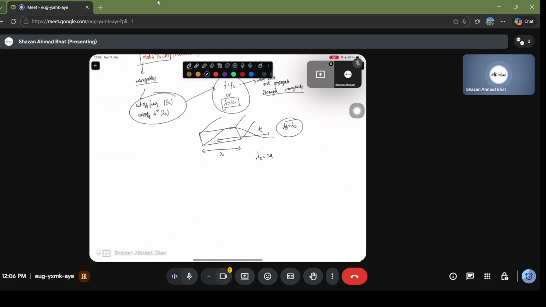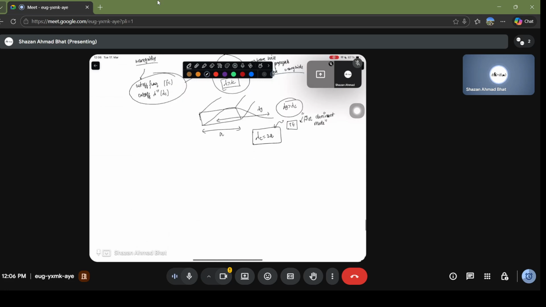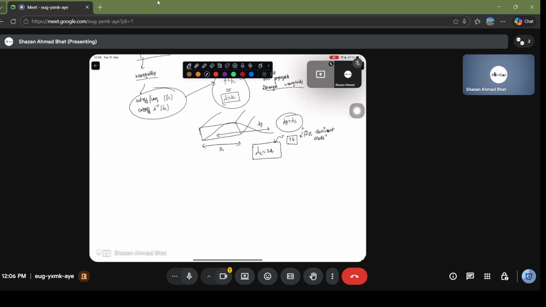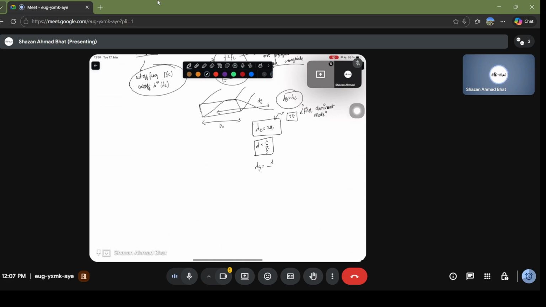For the TE mode, the first mode, the dominant mode of the electromagnetic wave inside the waveguide, the critical wavelength is 2 times the width. And how do you find a wavelength? You find it by speed of light over frequency. The wavelength through the waveguide is the wavelength divided by the square root of 1 minus (lambda over lambda c) squared. This is exactly the wavelength through the waveguide.